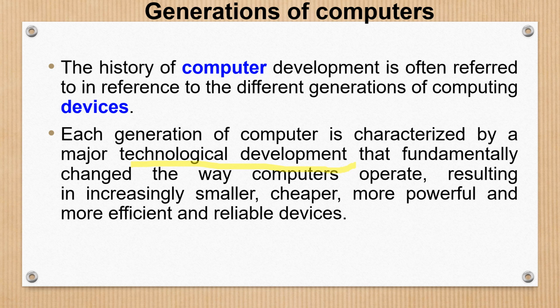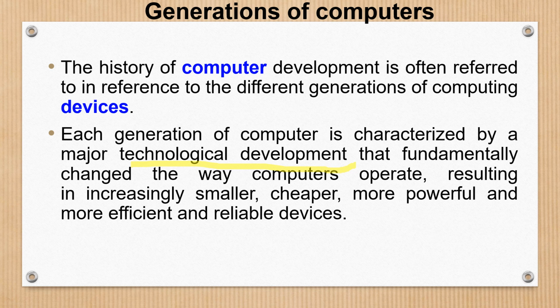Because earlier, at the starting age, the devices did not have high computing capacity, they had a big size, and their cost was also high, because at the early stage the devices were developed using vacuum tubes, and the size of the vacuum tubes itself was very large.